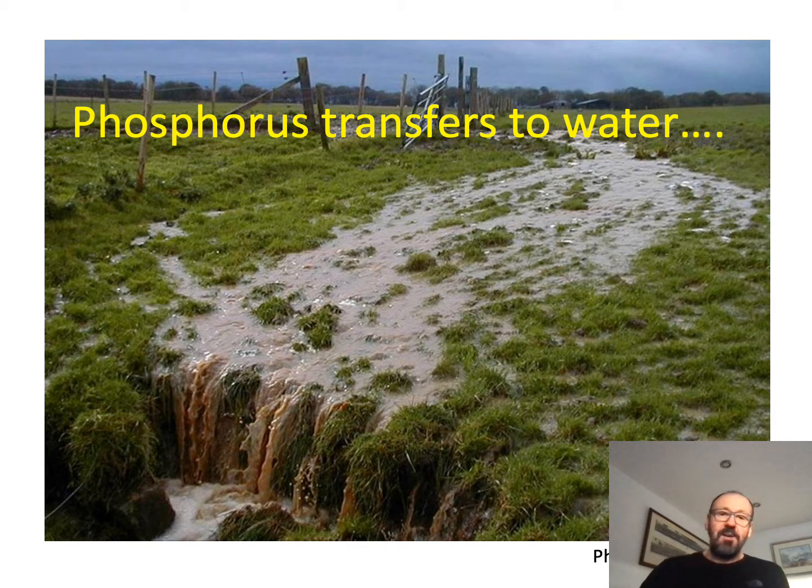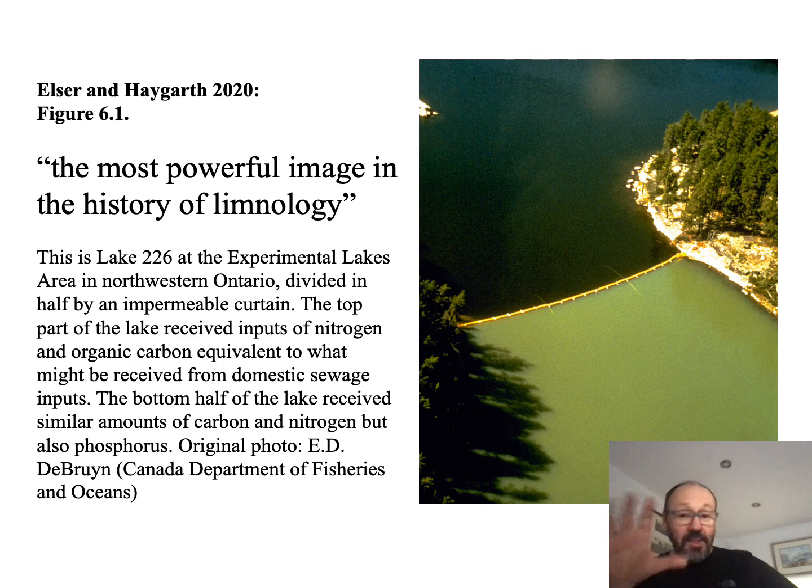But that slide's actually a really great picture that my colleague and student at the time, Neil Preedy, took of phosphorus leaving the soil. And this picture, this is a fantastic picture, one which my colleague Jim calls the most powerful image in the history of limnology.